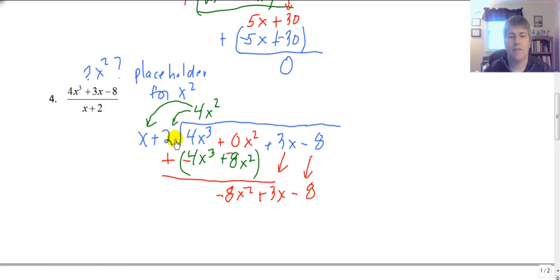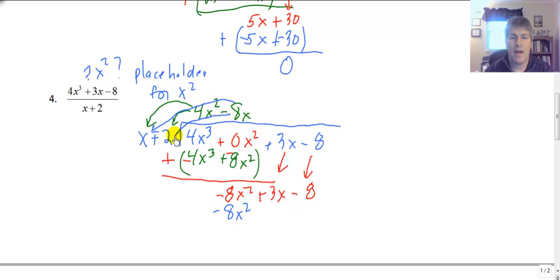And I ask myself again, how many times does x go into negative 8x squared? Well, it goes in a negative 8x times. So negative 8x times x is negative 8x squared.